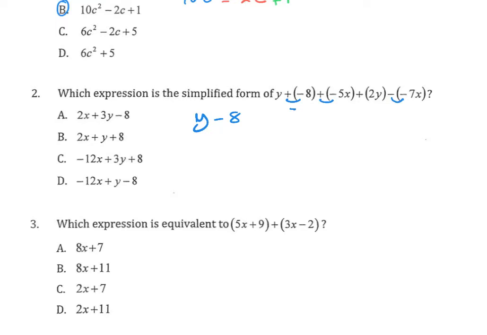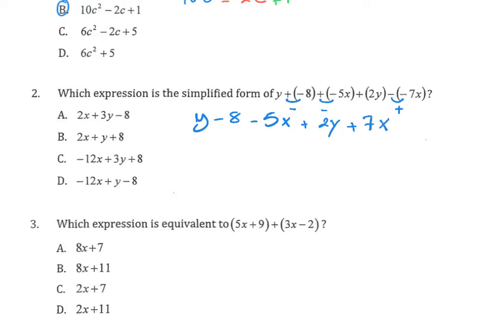So we're going to have negative here, and positive here. This is how you remove the parentheses. So we have y minus 8 minus 5x plus 2y plus 7x.